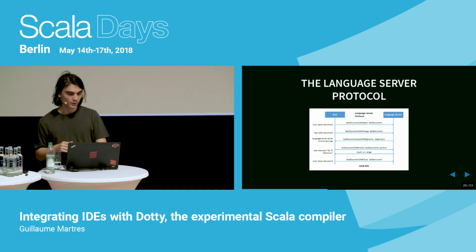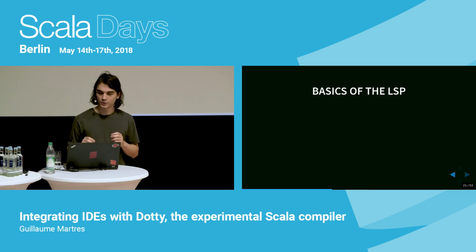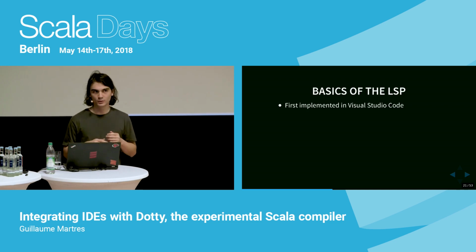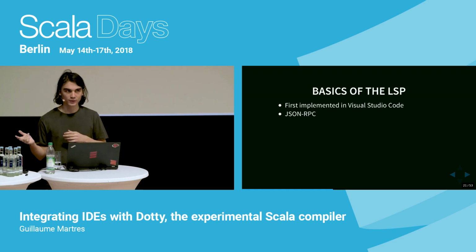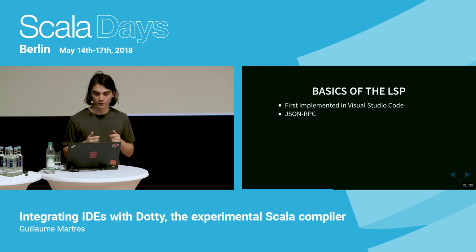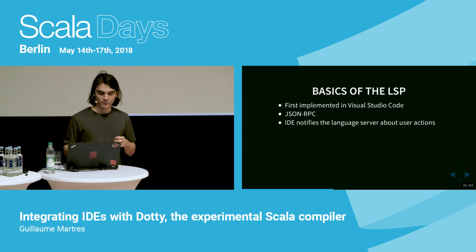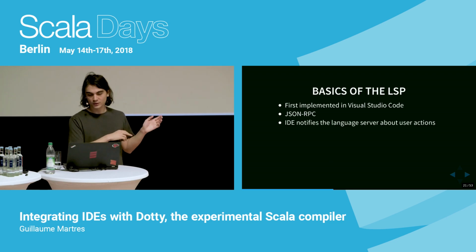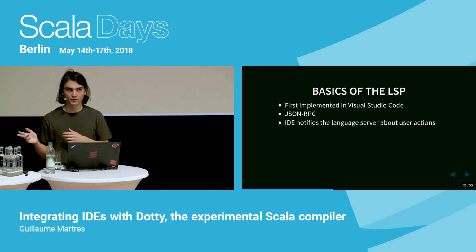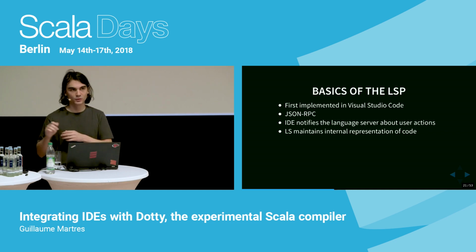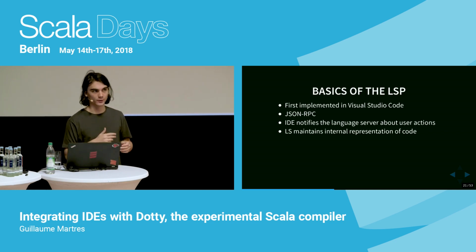So basically, the way it works, this protocol was first implemented in VS Code, but has now been implemented in a bunch of other IDEs too. It's based on JSON RPC, which is a simple protocol for sending messages back and forth using JSON. And you start with the IDE notifying the language server anytime there's some user action like pressing go to definition. The language server has to maintain some internal representation of all the code, so it knows what it means when the user presses go to definition.